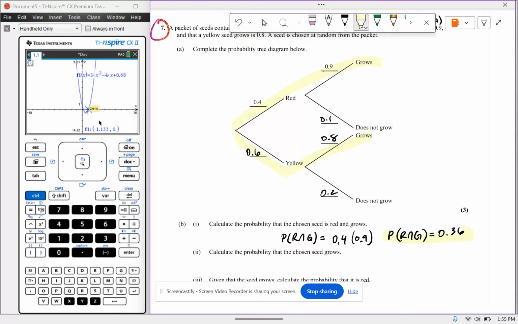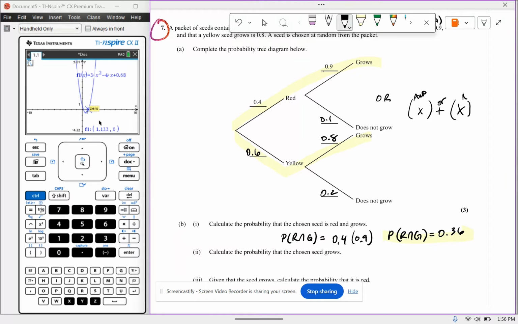So what we do is we multiply across branches for the and, then we add different branches for the or, right? It's saying that you could have a seed that grows this way, or you could have a seed that grows this way. Therefore, you would multiply across branches and then add the two different branches that you've multiplied across. Does that make sense? This is the and, this is the or.